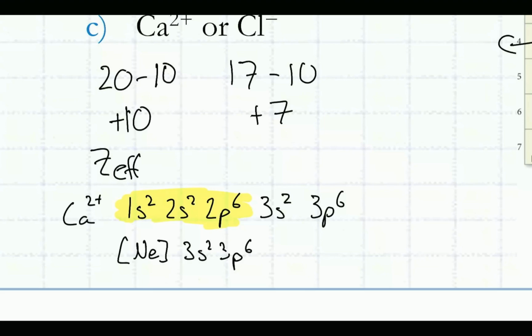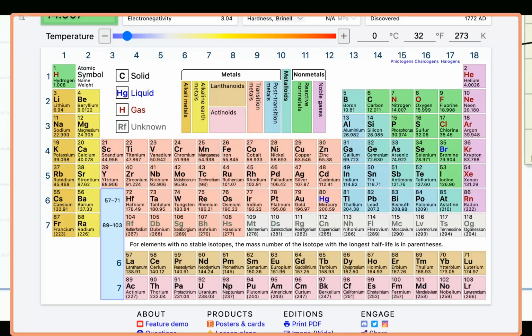As long as we're not talking about d electrons, anything that has d orbital electrons, those are core electrons, so we have to include those for shielding. But just talking about calcium, calcium 2 plus has the same number of electrons as argon, but the core electrons would be represented by neon, and that's got 10 electrons.